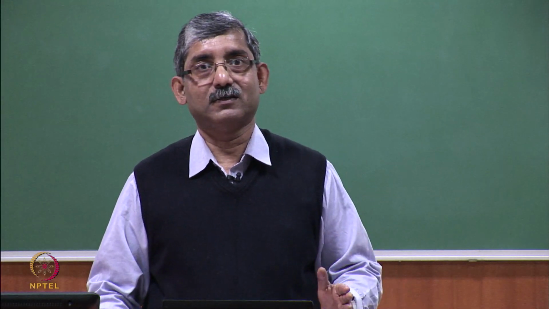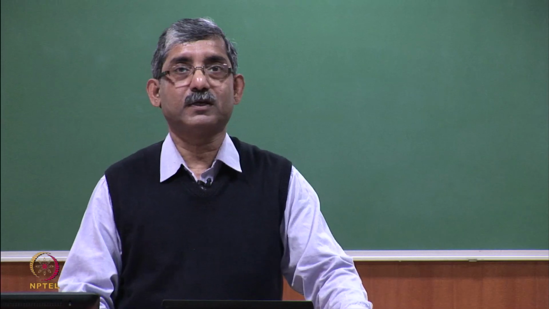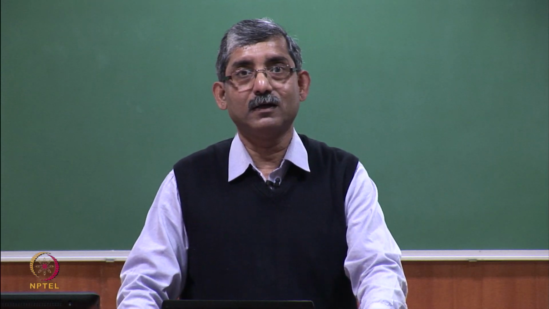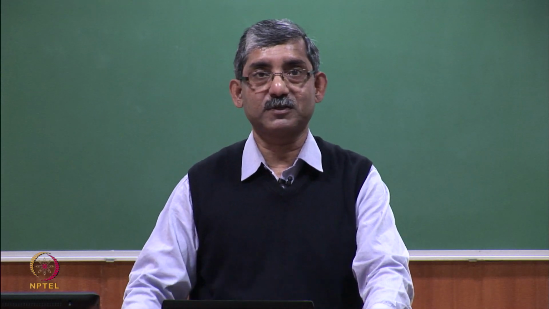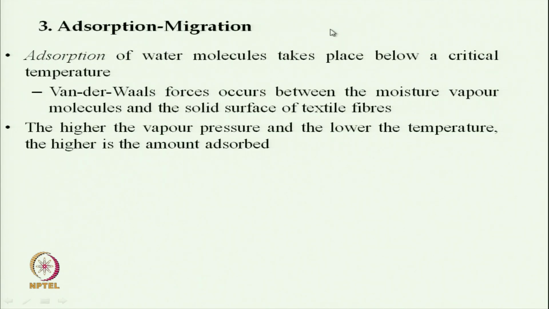In the last class we discussed the diffusion mechanism and the absorption, transmission, desorption mechanism. The third mechanism of moisture vapor transmission is adsorption and migration. Adsorption and migration normally takes place for hydrophobic fiber, below a certain critical temperature.